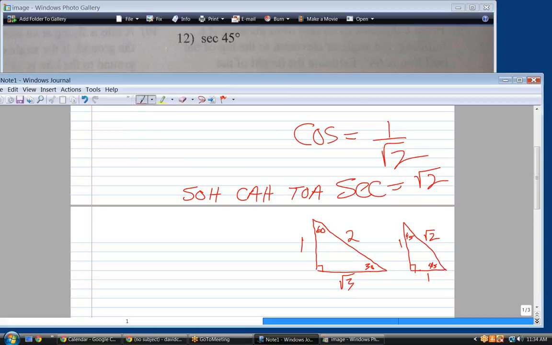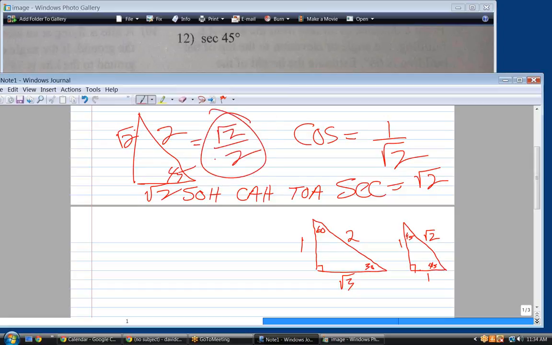Now, remember when I said some school systems draw their 45-45 like this? The reason they do it is because you're usually taking sines and cosines, and if you take the sine of 45, you immediately get that, so you don't need to rationalize it. They feel like it makes it a little easier for the students.